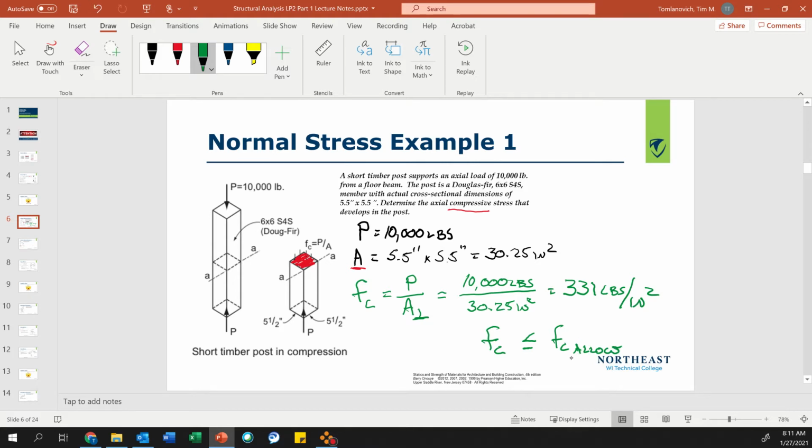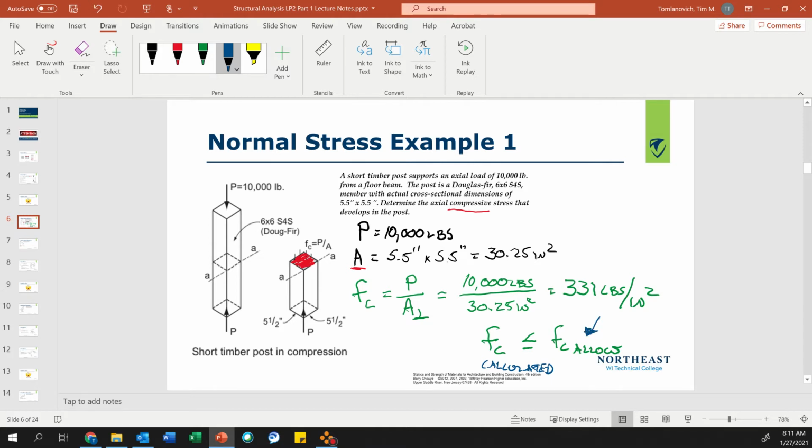Allowable is that allowable stress from design charts, from lumber manuals, that's allowed to hold that stress without breaking it, with a factor of safety, and we'll talk about that more. So this is key: calculated has to be less than the allowable by code. You typically find these in code values.